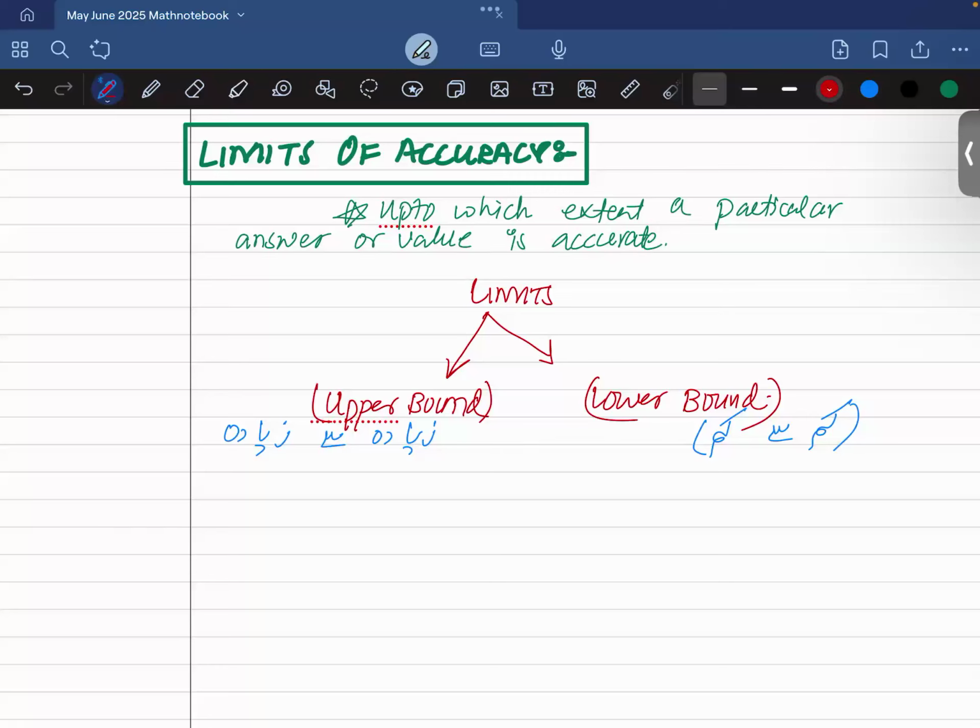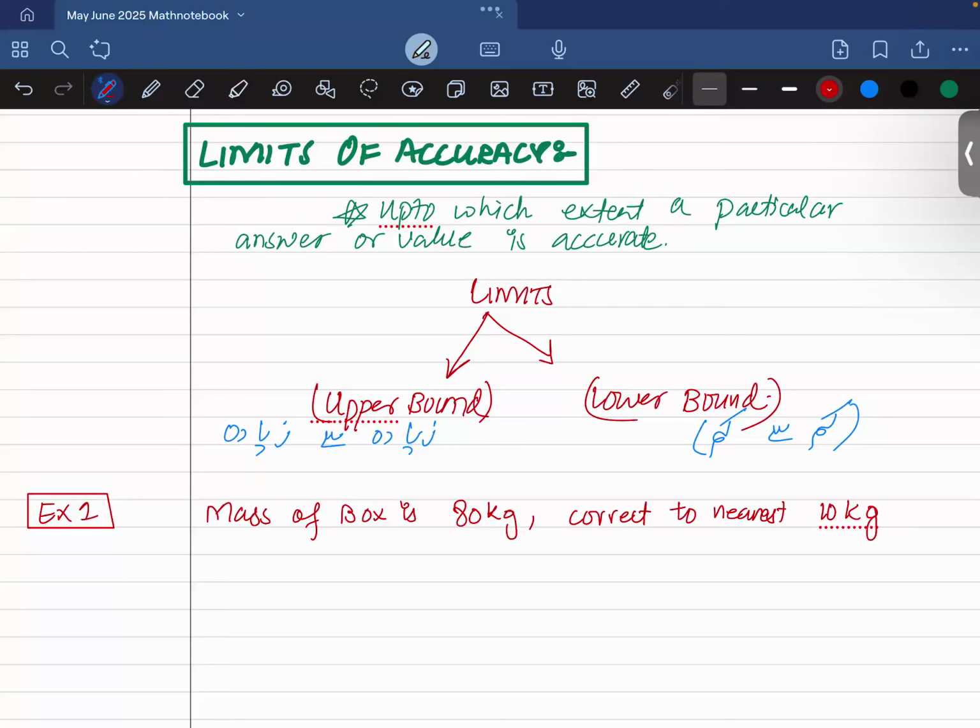Now you can see, I am going to understand this thing with example number one. The mass of a box is 80 kg and it is written as correct to the nearest 10 kg.